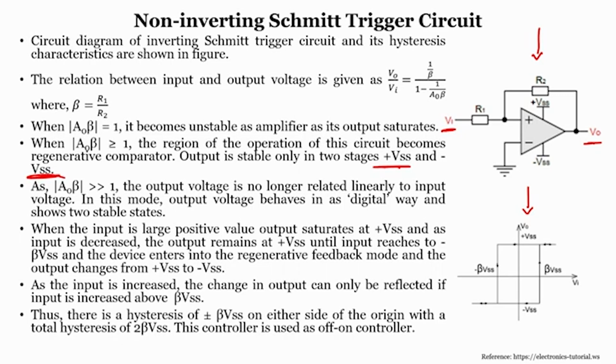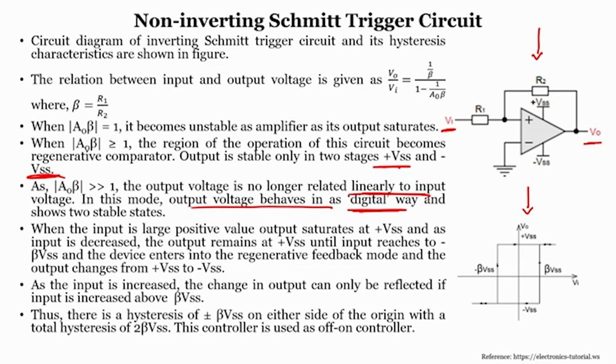Third, as mod of A_O times beta is greater than 1, the output voltage is no longer related linearly to the input, and the output behaves as a digital wave and shows two stable states. This is similar to the operation of the inverting Schmitt trigger circuit.